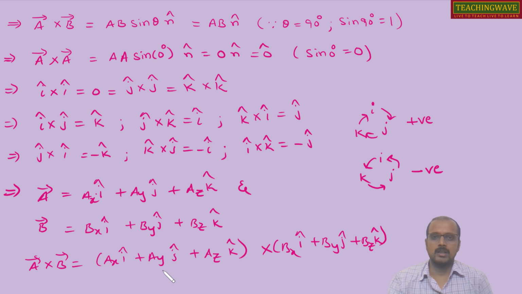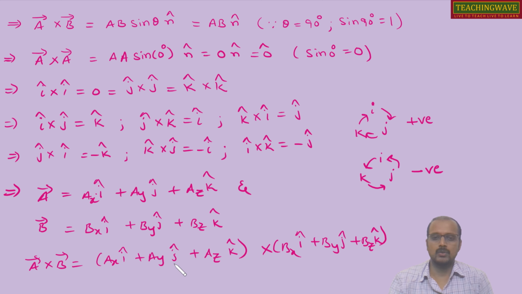Vector cross product follows the distributive law. So a_x can multiply each and every term in the b bar vector. Similarly, a_y can cross multiply with each and every term in the b bar vector, and a_z also cross multiplies with each and every term in the b bar vector.